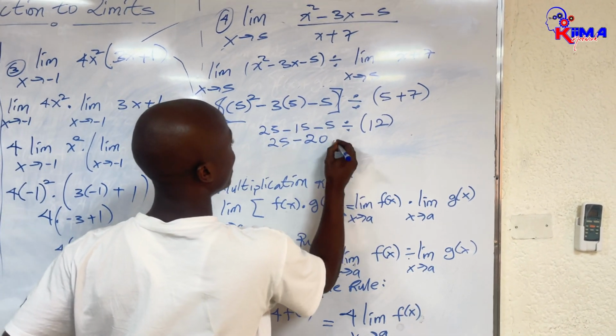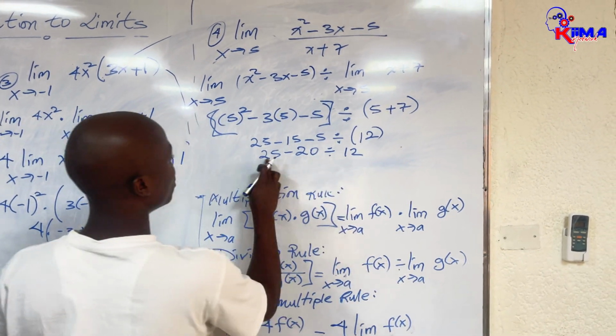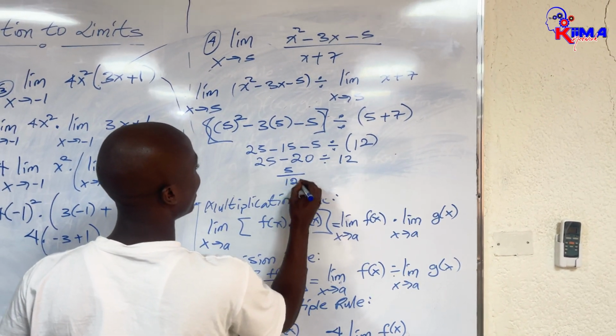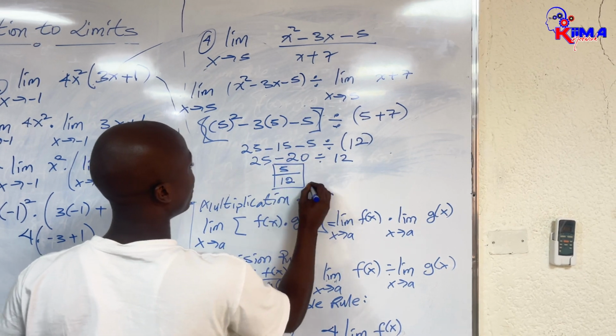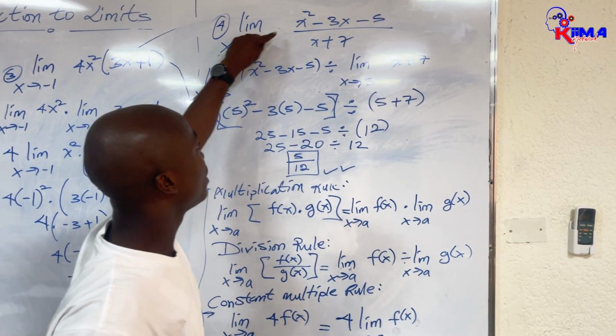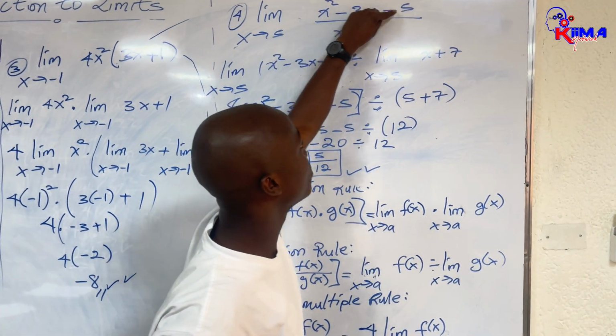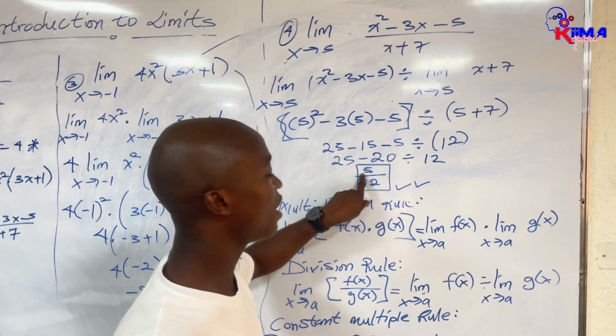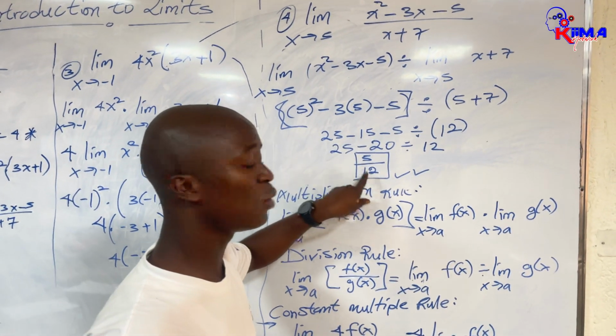Minus 20 divided by 12. So if you do your subtraction here, you get 5 divided by what? 12. Becomes our final answer. So the limit as s approaches 5, s squared minus 3s minus 5, all divided by s plus 7 is equal to 5 over 12.